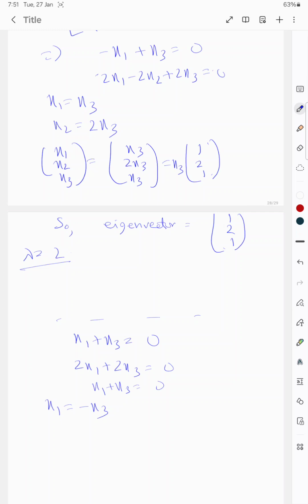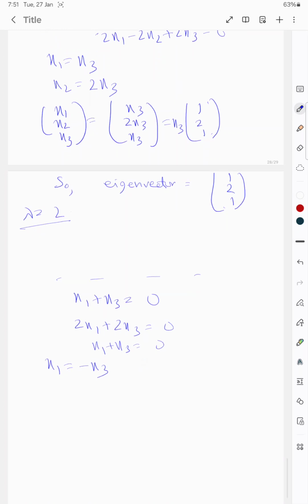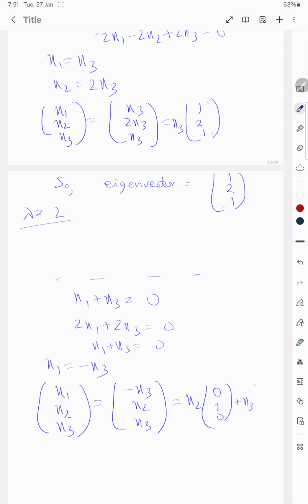So what we will do here, you have x1 x2 x3, right? If you put x1 equal to minus x3, so minus x3, x2, x3, okay? From there actually you can write x2 times 0 1 0 plus x3 times minus 1 0 1, right?